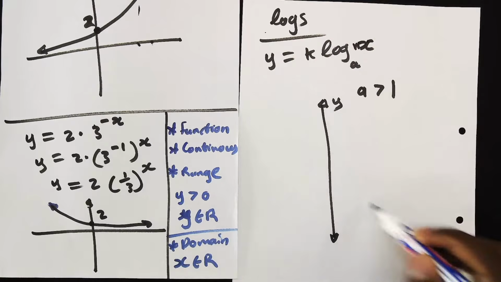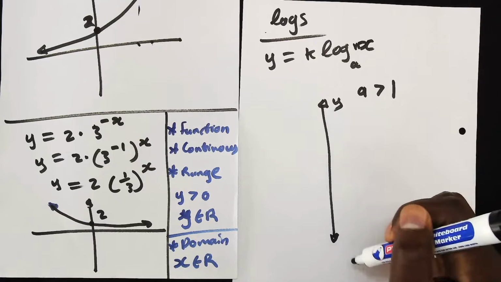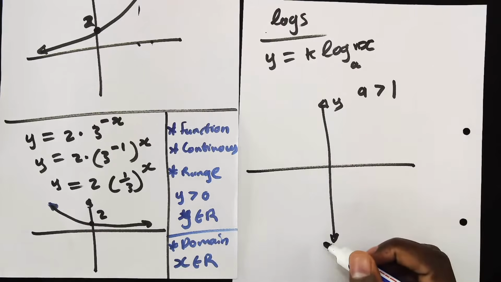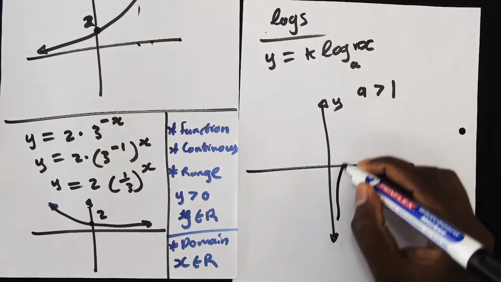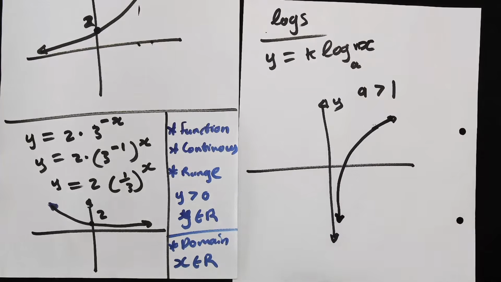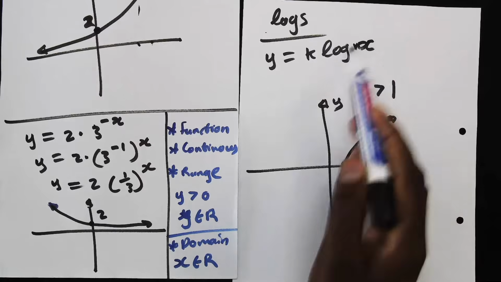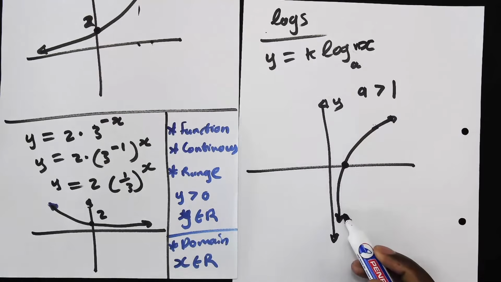So if a is greater than 1, it comes from decreasing to infinity, therefore it cuts through and increases that way to infinity. It passes through a point here, which depends on the coefficient of x.